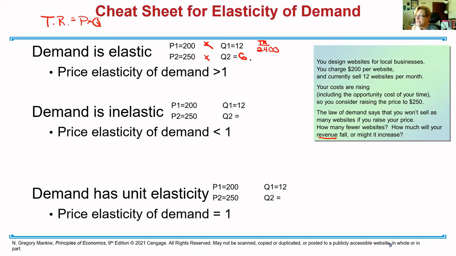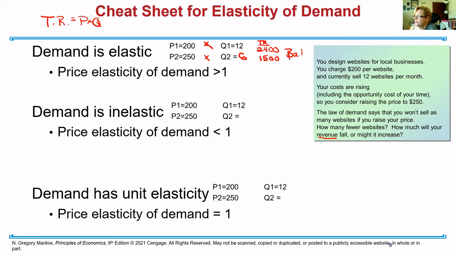Now we've raised our price to $250. We've lost 6 customers, and so our new total revenue, let's see what that's going to be. How about 250 times 6 is going to be $1,500. If you're designing websites and this is your business, was it a good idea or a bad idea to increase that price? And it was a bad idea here.